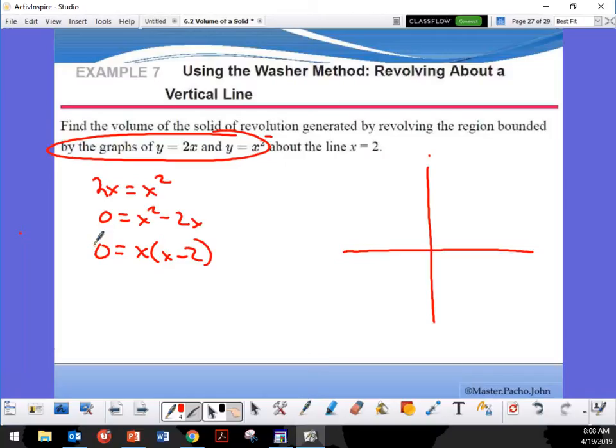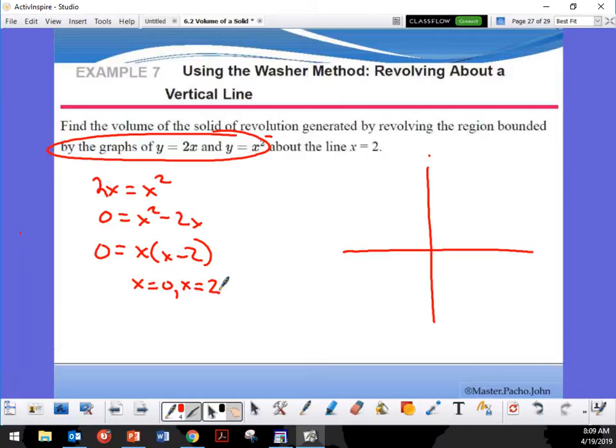Right? Okay, so now I'm going to have x equals 0 and x equals 2. So those are the places in which they are going to intersect. That's intersecting on my x-axis, right?